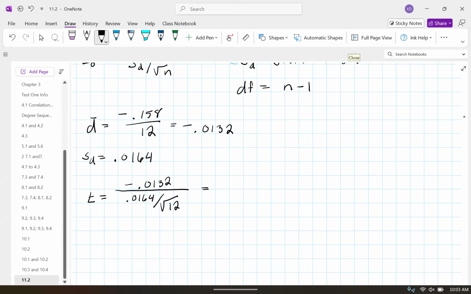So negative 0.0132 divided by 0.0164 over root 12. I get negative 2.788. So that's my t-value.